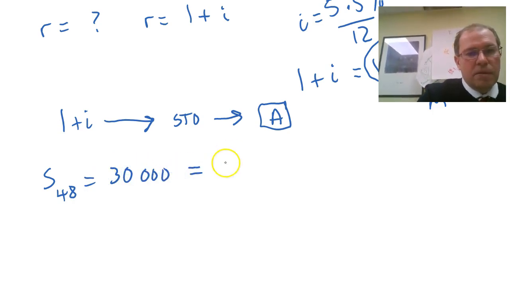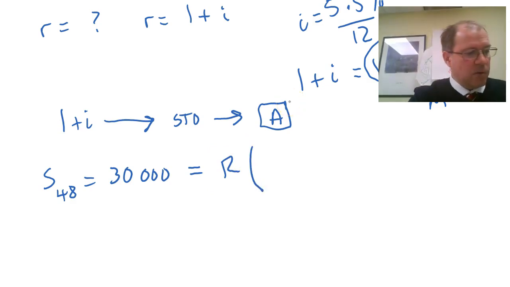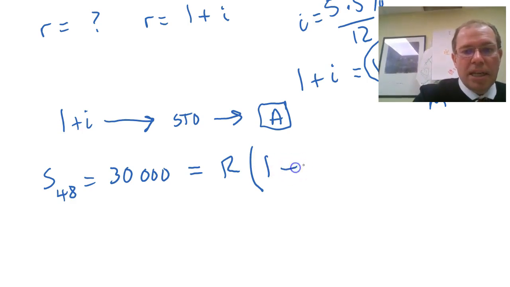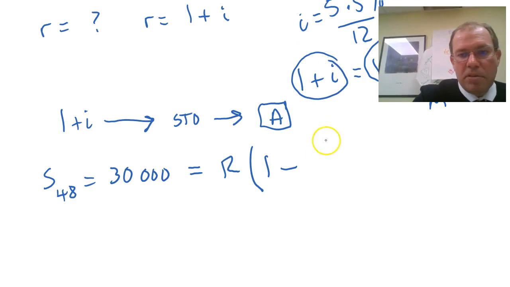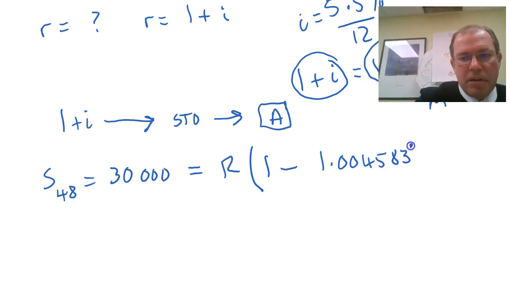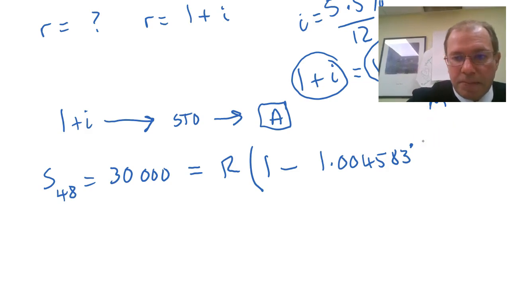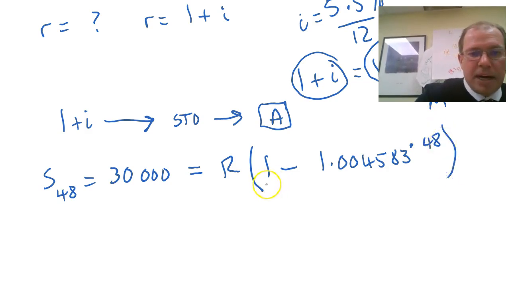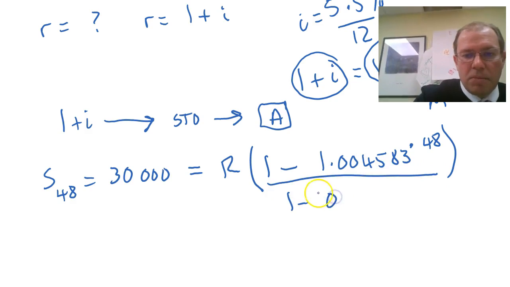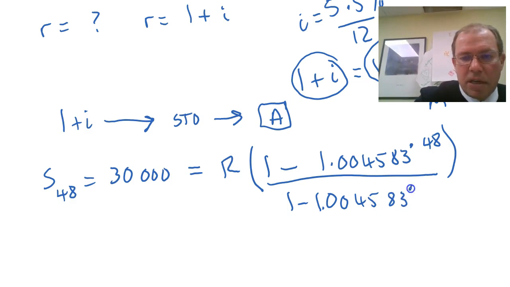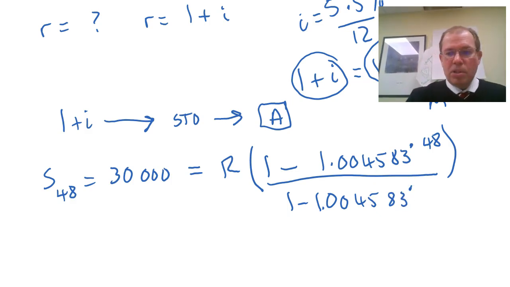That's equal to the first term R, which we're trying to find out, times 1 minus r to the n, where my common ratio r is 1 plus i, 1.004583 recurring, to the power n, and n is 48, divided by 1 minus this horrible number, 1.004583 recurring. Don't approximate it. And we want to work out R.